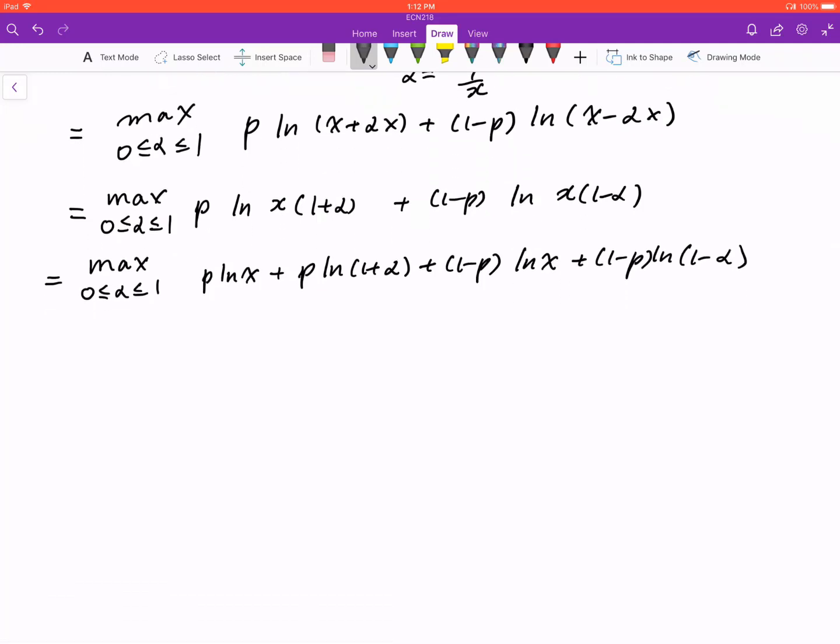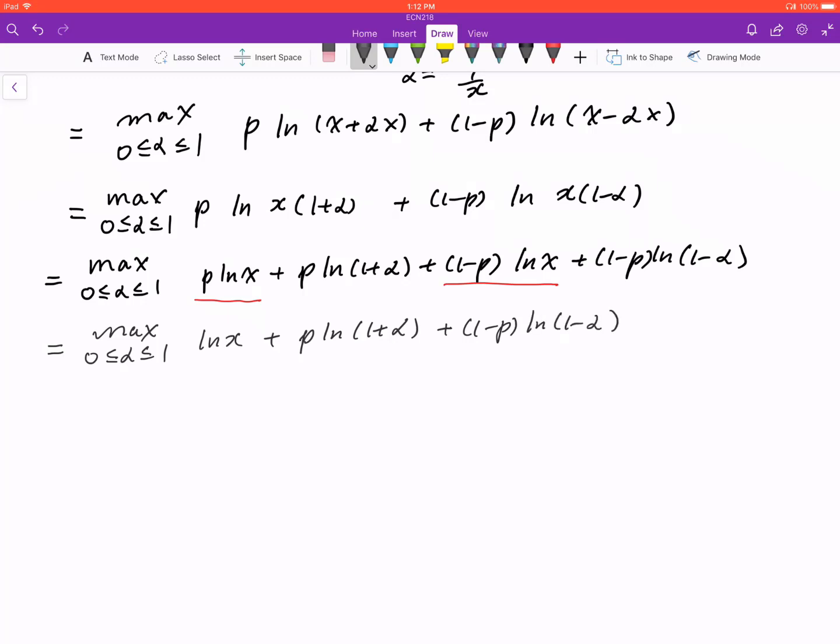Then look at these two terms, p log x and 1 minus p log x. If we add them up, we have exactly log x. So now we have the maximum over alpha between 0 and 1 of log x plus p log(1 plus alpha) plus 1 minus p log(1 minus alpha).